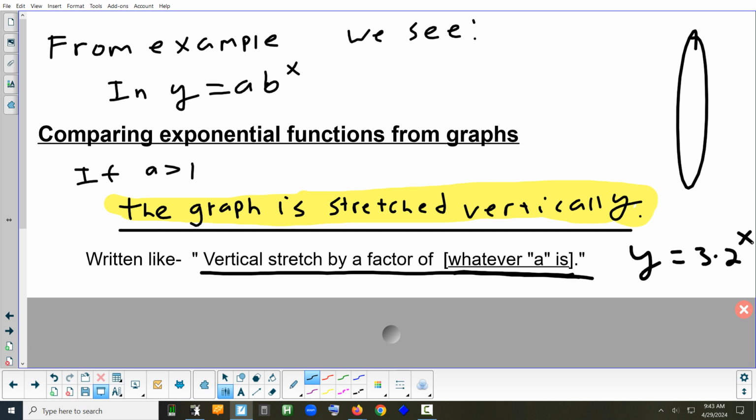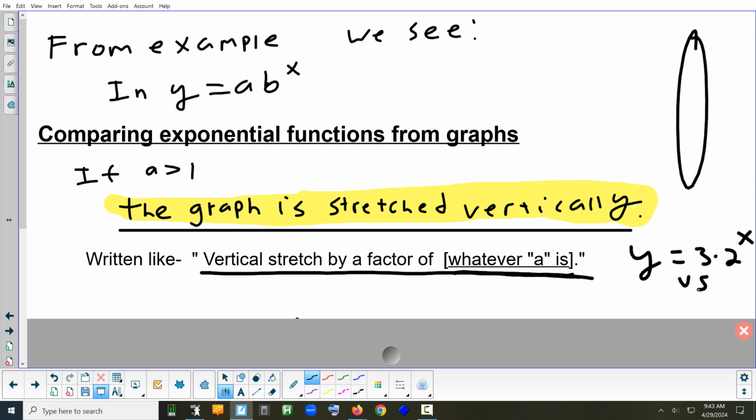If I was comparing that one to this one, one of them is 3 times 2 to the x, one of them is just 2 to the x. I would say that this top one is a vertical stretch by a factor of 3. That's how you would describe it. So vertical stretch by a factor of, and then tell me the number that's right there. So what if I gave you one like this?